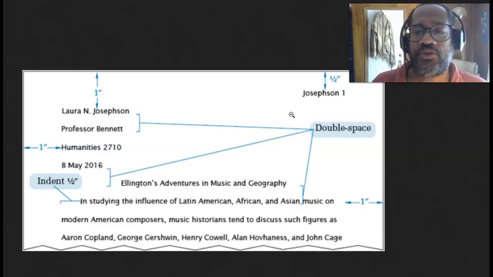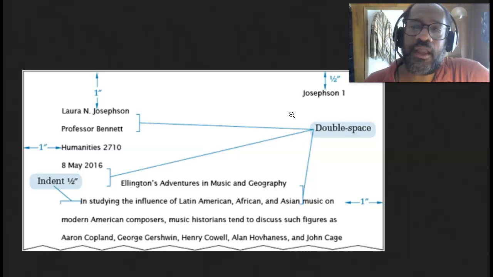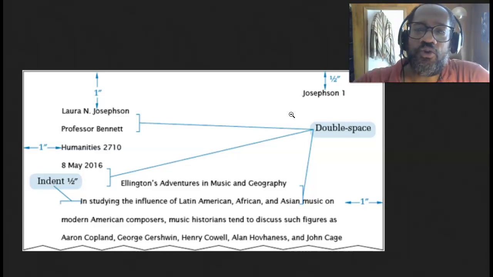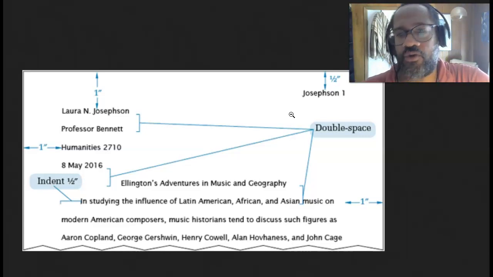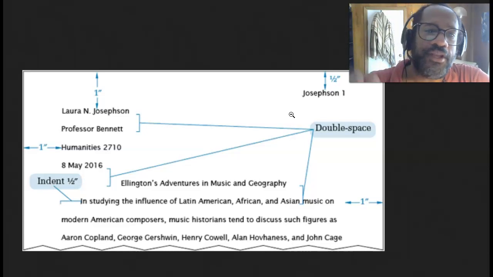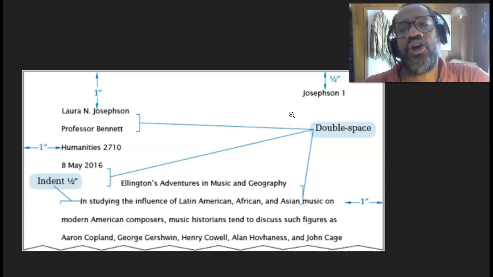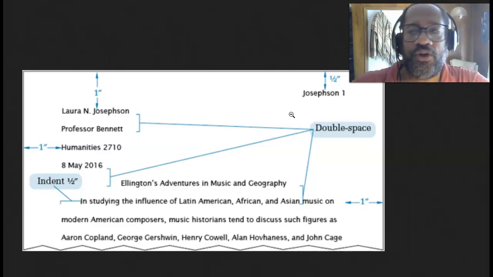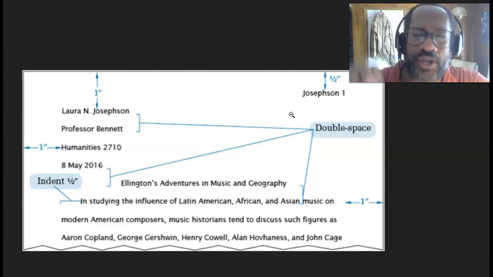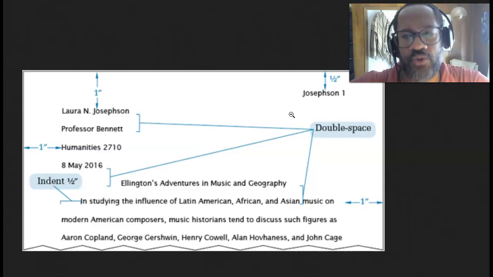Other kinds of situations may not be so life or death. If you're in any kind of technological field, where you place information in documents, when programmers program, they have to put information in certain places so that other people, when they come back and want to make changes to the program, understand what was going on. Here's why things were done this way. They make notes in a particular way.